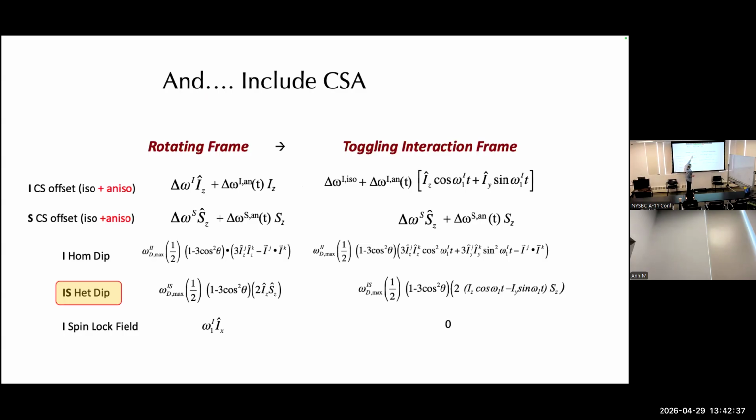I'm going to put that in for both I and S. Because I'm not irradiating S so far in this problem, I don't need to transform it. This one gets transformed, both pieces. I've assumed in these expressions that the pulse is strong and really covers the whole spectrum, the whole CSA.